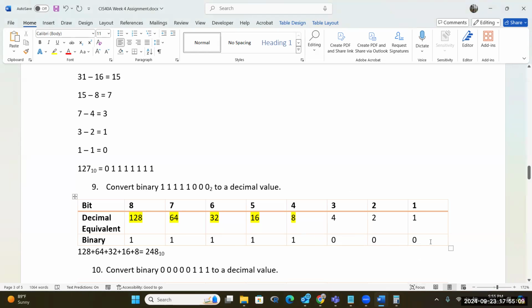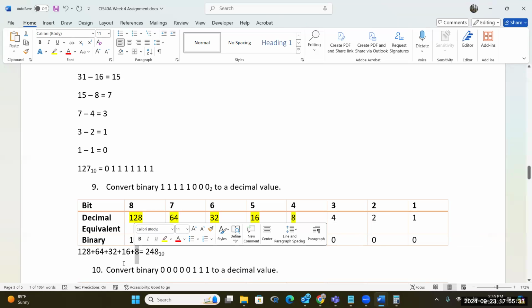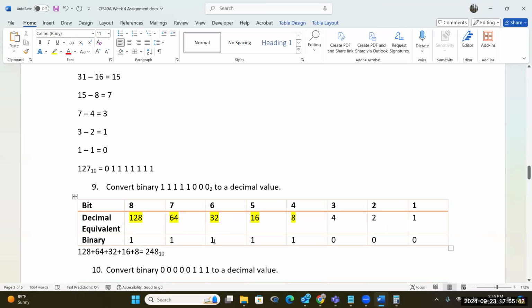So after I have put the binary into my scale, I look at which bits have the 1 and the decimal equivalent for them, and I'm going to add it up. See how I highlighted? Bits 4, 5, 6, 7, and 8 are on. So I take the decimal equivalent value, starting with 8, and add it to the next one, which is 16. So 8 plus 16 plus 32, because bit 6 is also on, and then plus 64, that one is also on, and 128.